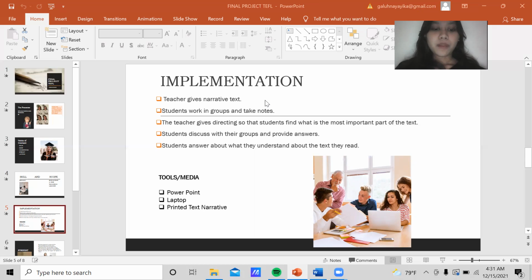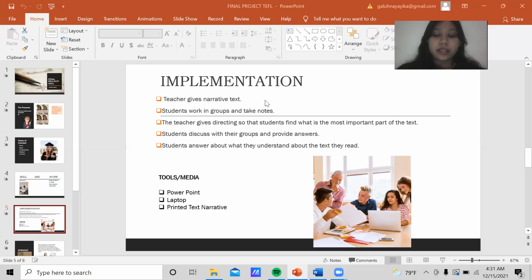And then the laptop, to support the PowerPoint. Of course, if we use PowerPoint, we will need a laptop. Also, we need to print the narrative text for our students for working in their groups, because today's text that we use is narrative text.